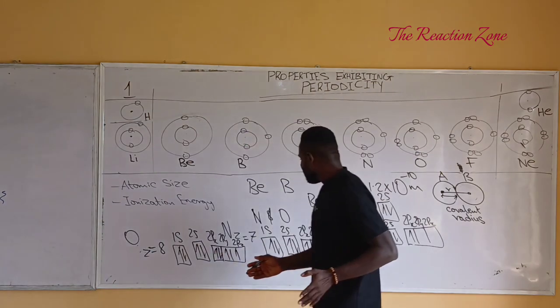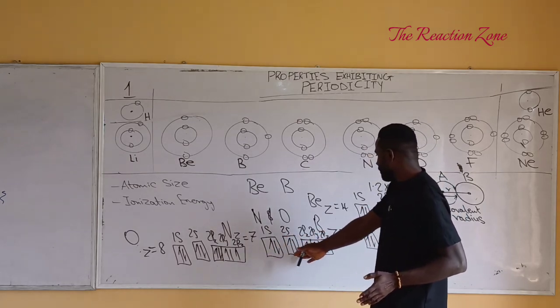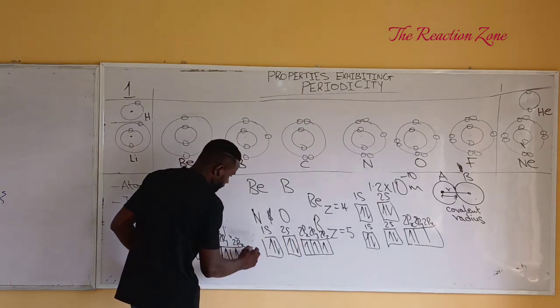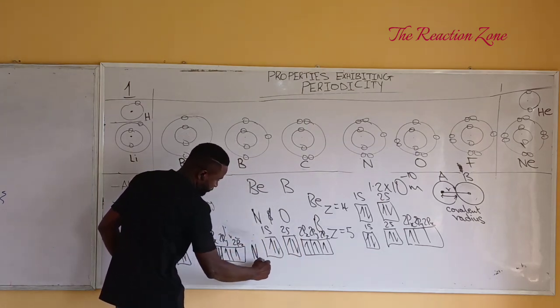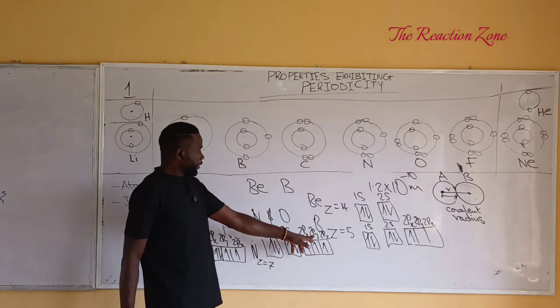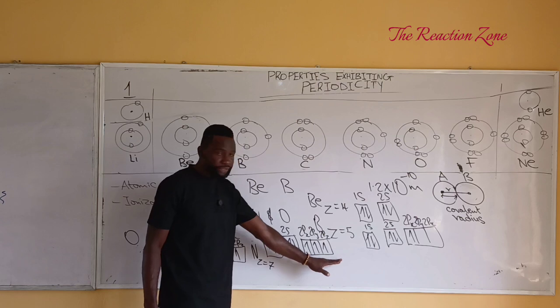When you look at the arrangement of the electrons in the nitrogen atom, which is this, you can see that the p subshell is half filled.